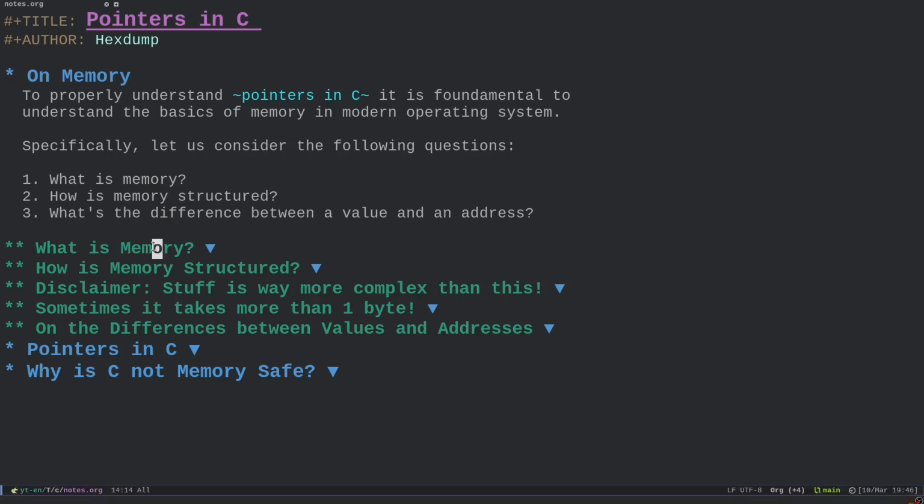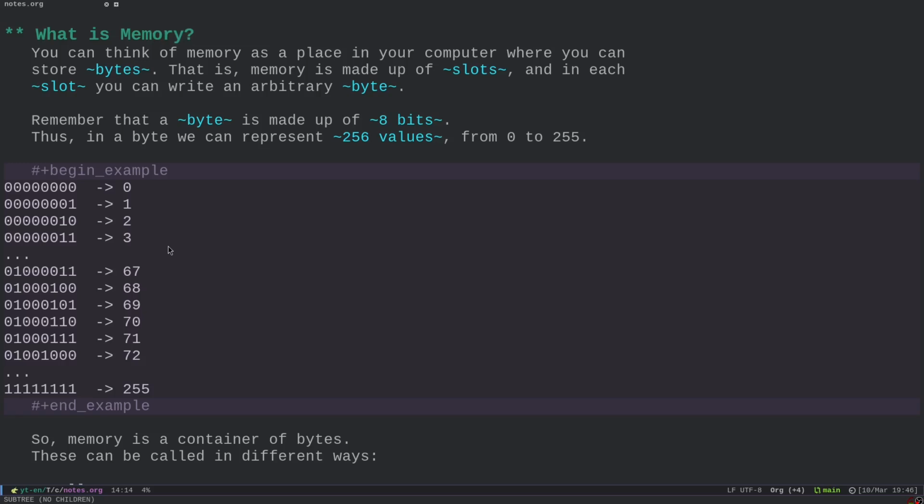So what is memory? Now you can think of memory as a place in your computer where you can store bytes. That is, memory is made up of slots, and in each slot you can write an arbitrary byte. Now what is a byte? A byte is just a sequence of 8 bits.